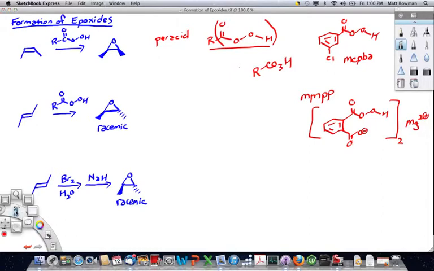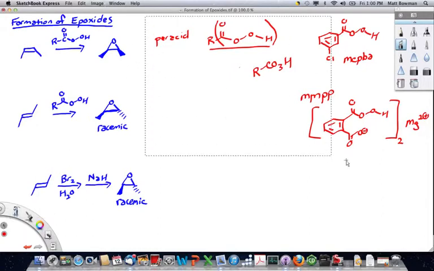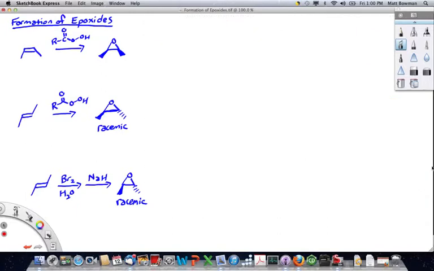So, the way a per acid works, it's a single-step procedure and it's a single-step mechanism. The electrons go from the alkene to the oxygen, and a lone pair from the oxygen goes to there.